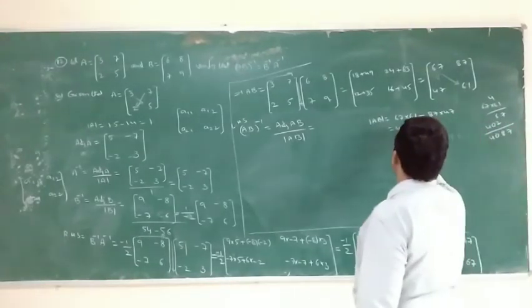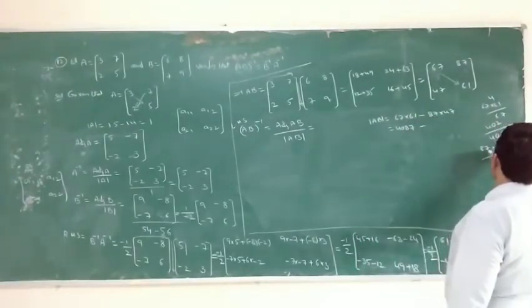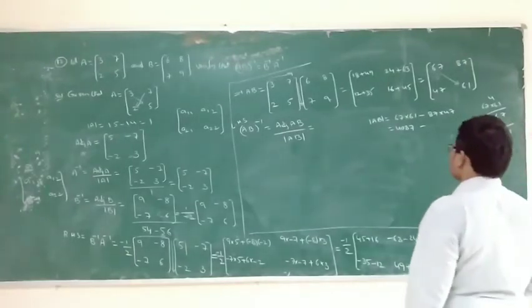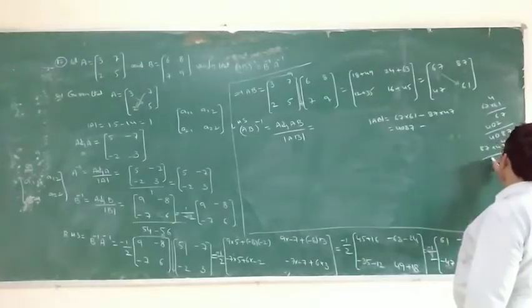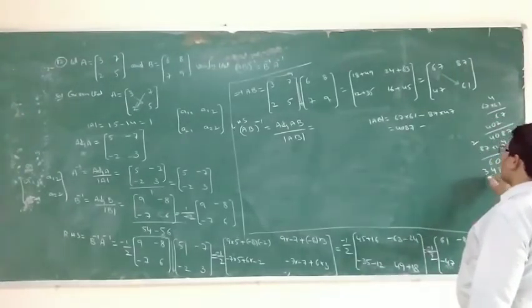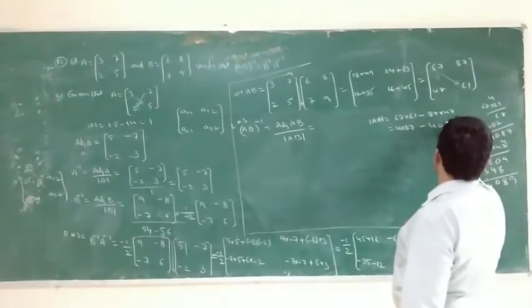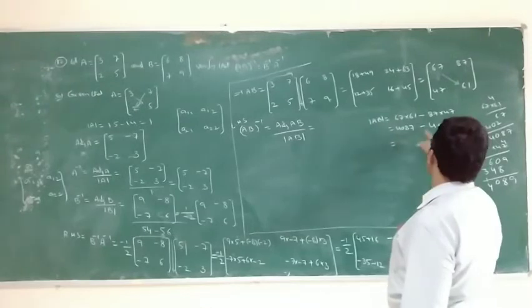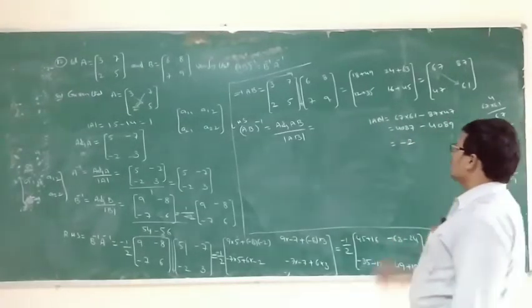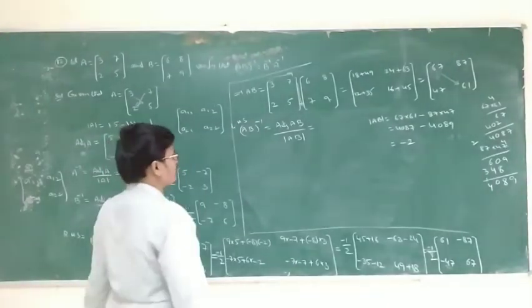So 4087 minus 87 into 47, which is 4089. So 4087 minus 4089 is minus 2. Okay, determinant of AB is equal to minus 2.